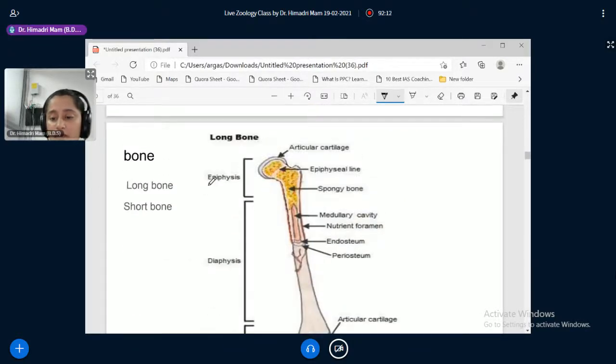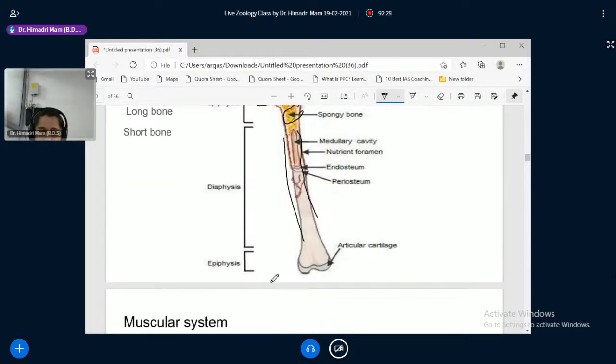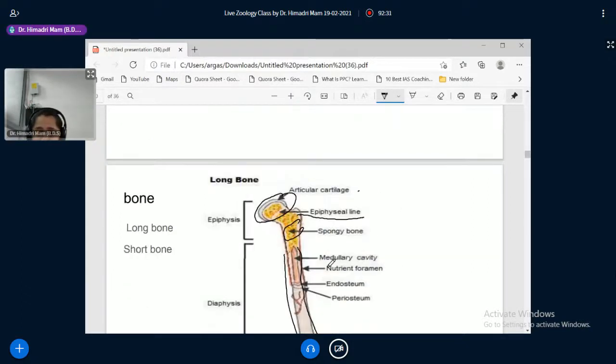Okay. This is a long bone. The upper head is known as epiphysis. We have the epiphyseal line. We have the spongy bone. Then the shaft is known as diaphysis. Then again we have the epiphysis. Okay.